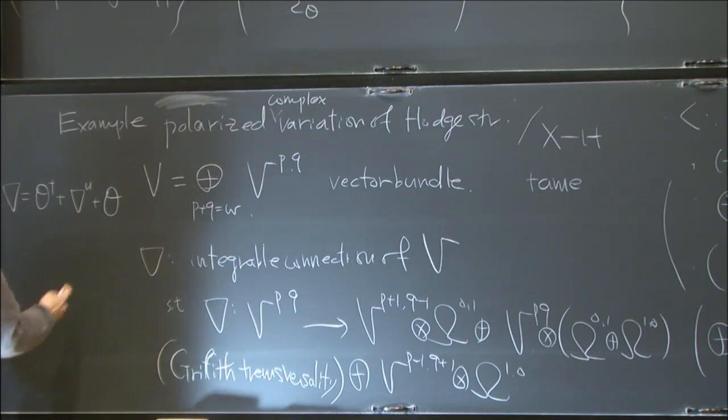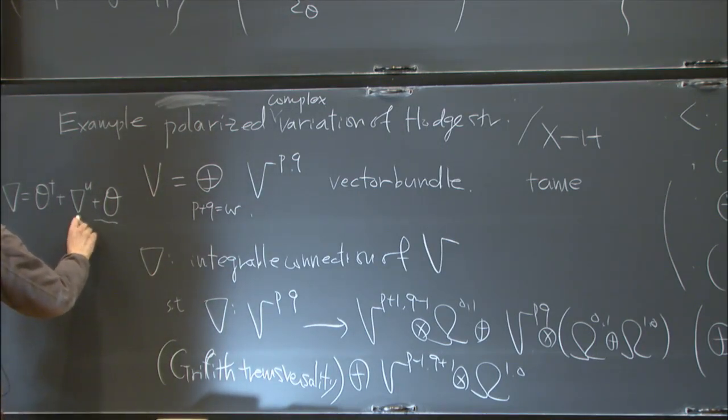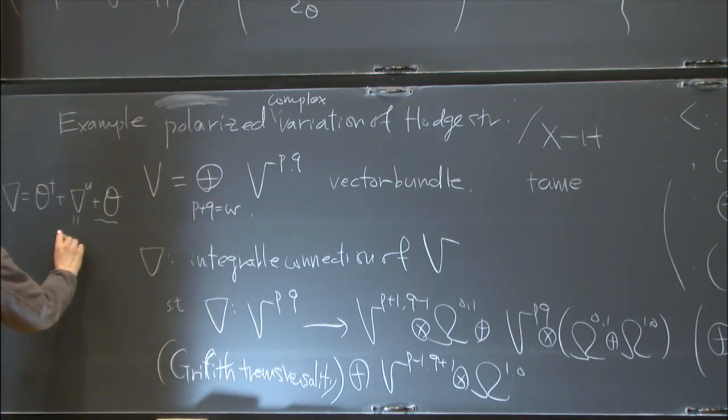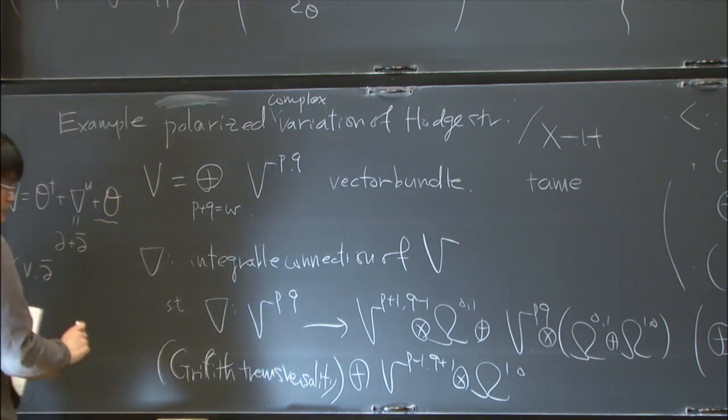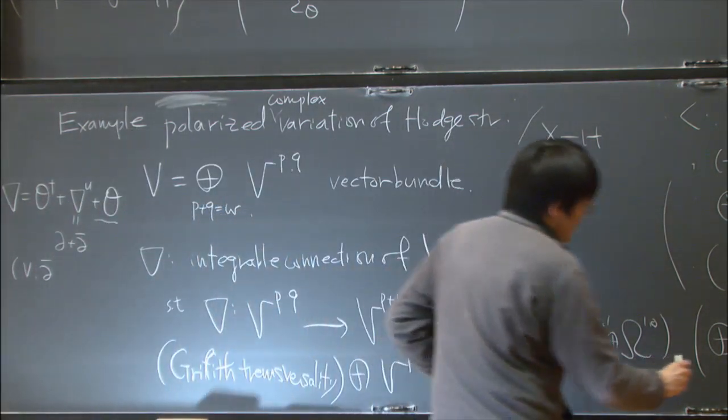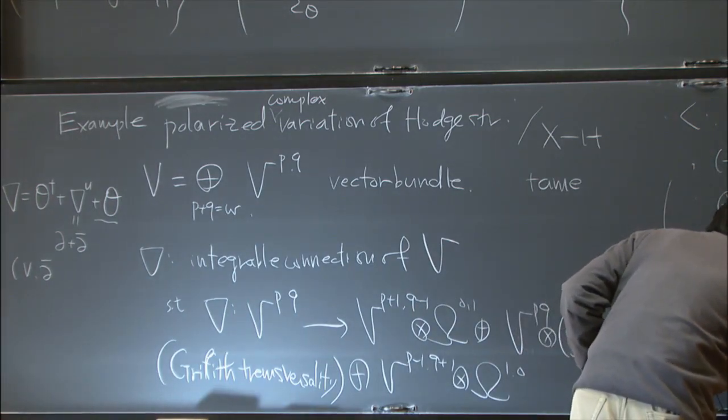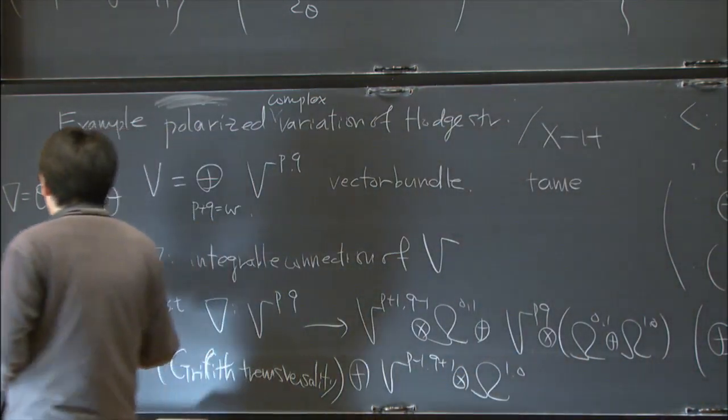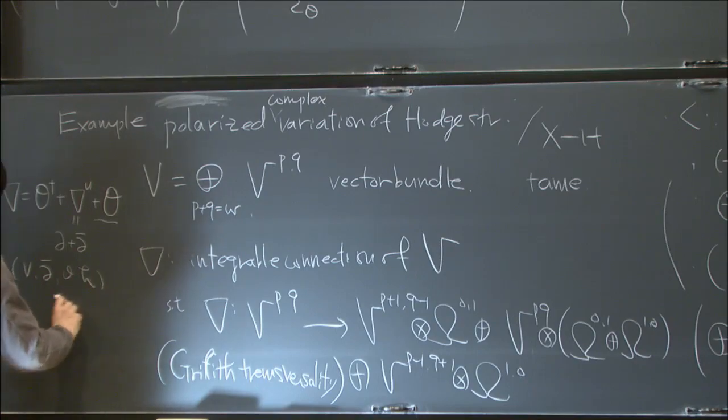So in particular, if we take the composition of this one to ∂ plus ∂̄, then (V, ∂̄, θ, h) is a harmonic bundle.